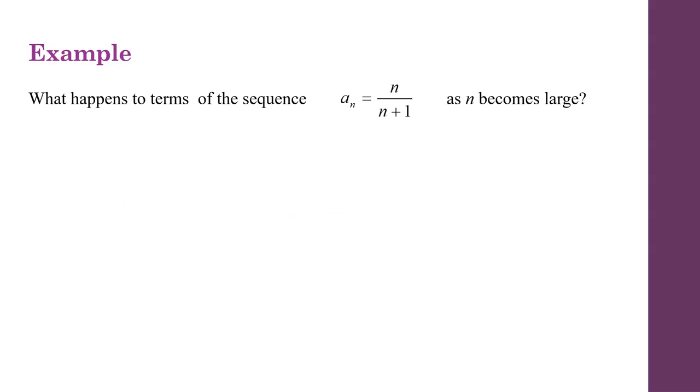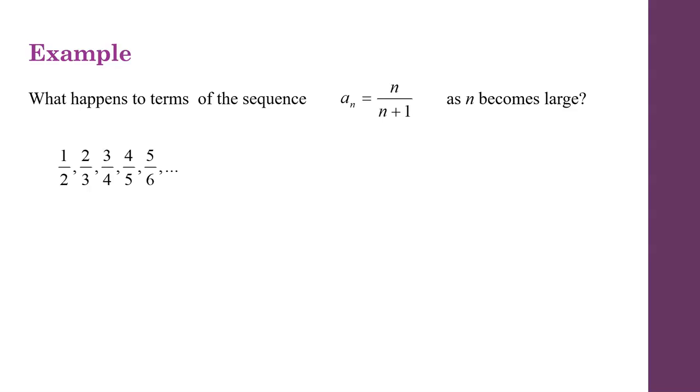Here's another example. We want to know what happens to the terms of this sequence n over n plus 1 as n becomes large. So once again, if we write a few of the terms, the first term, n is 1, I have 1 over 1 plus 1, which is 1 over 2. The second term would be 2 over 3. The term after that would be 3 over 4, and so on.